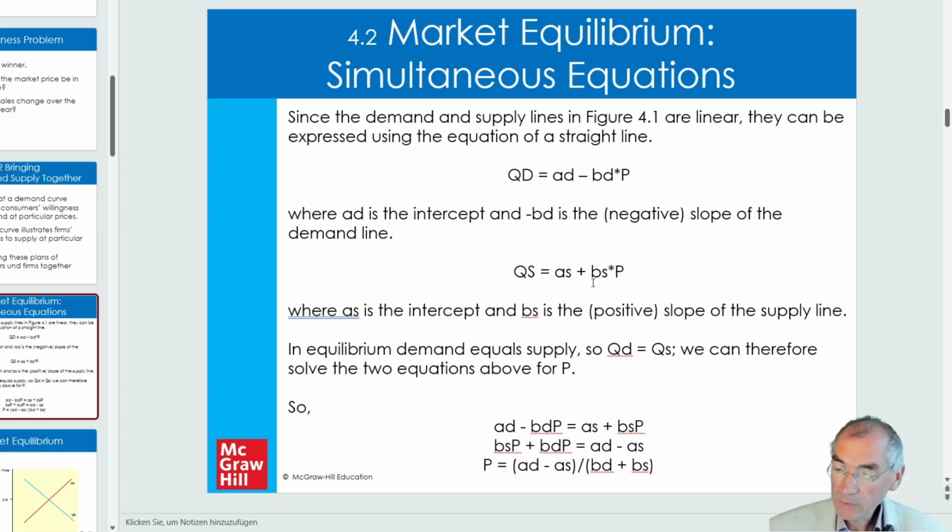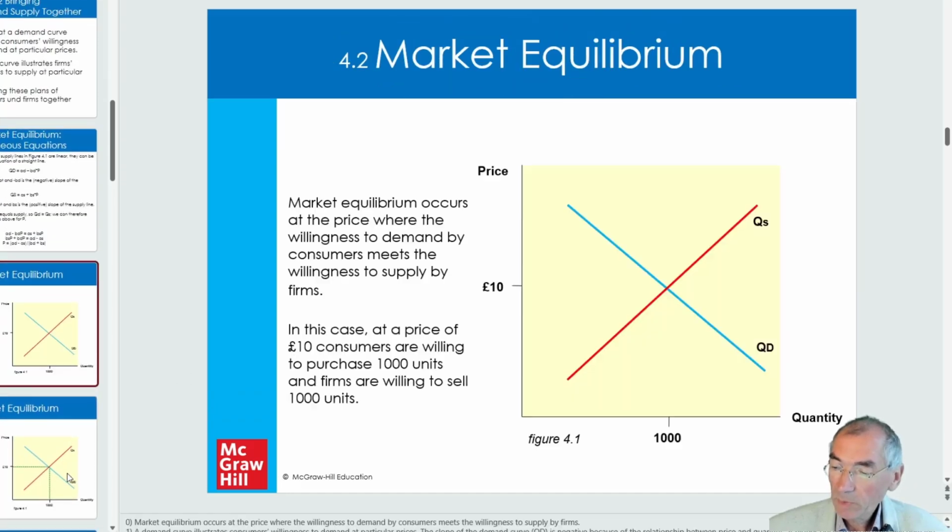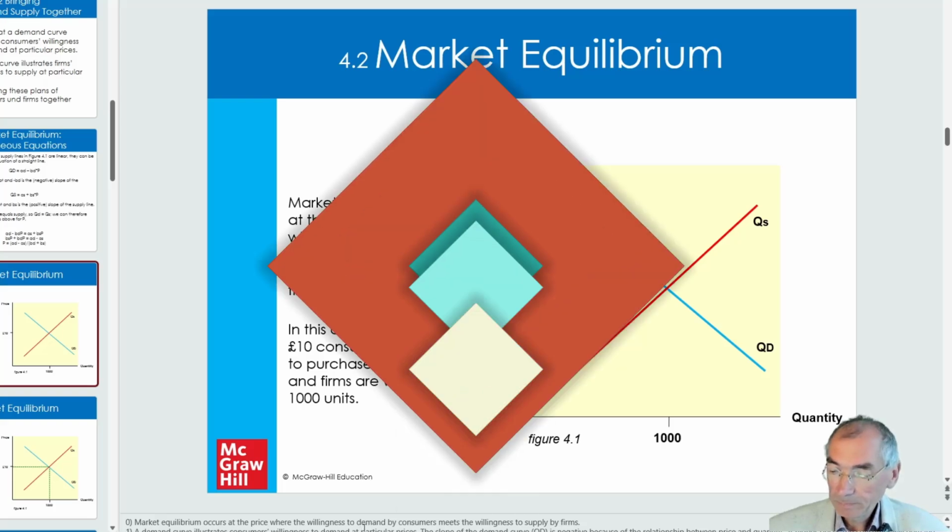The same for supply. How do we bring these 2 together, and what is the resulting price? But we don't have to do this purely theoretically, but let's look at the graph where the market equilibrium occurs, and this is figure 4.1, but I'd like us to go back to our good old Apple example.